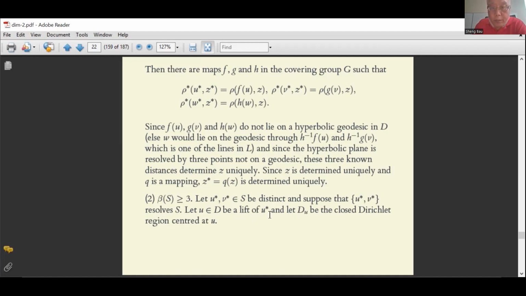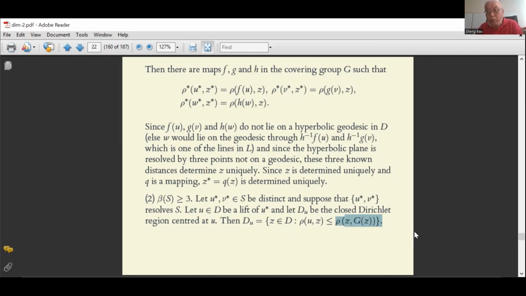Let U be the lift of U star, and then DU be the closed Dirichlet region centered at U. This is defined in one complex variable. Then this Dirichlet region is defined by all those points in D such that the distance from U to Z is at most the distance from U to GZ.